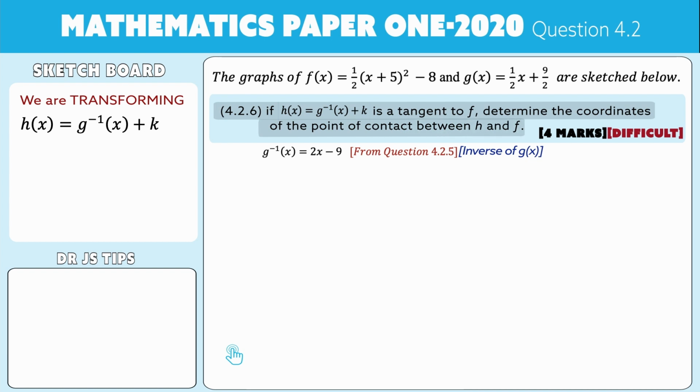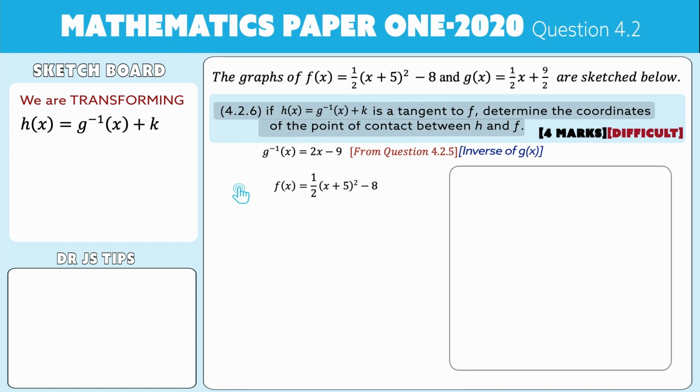Okay, now that's very interesting. Let's just write our function f of x down as well. f of x is equal to, we've known that now for some time, a half times (x plus 5) all squared minus 8.